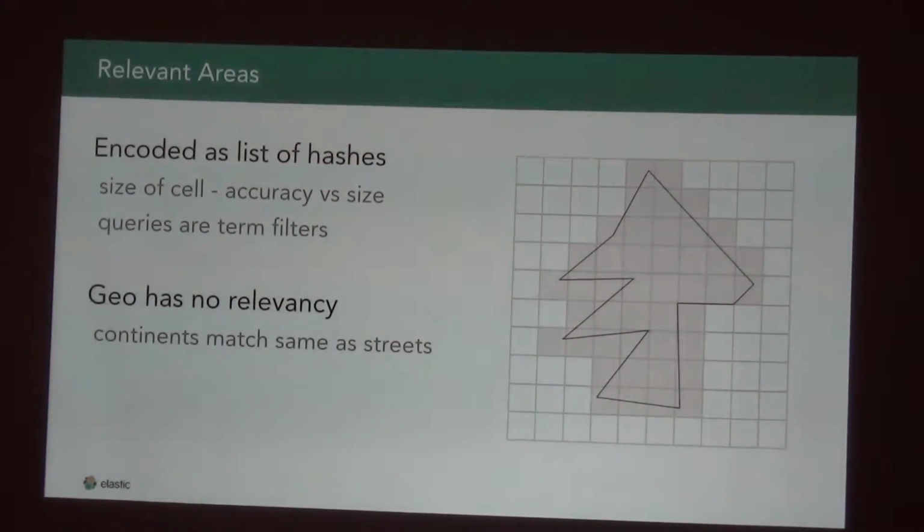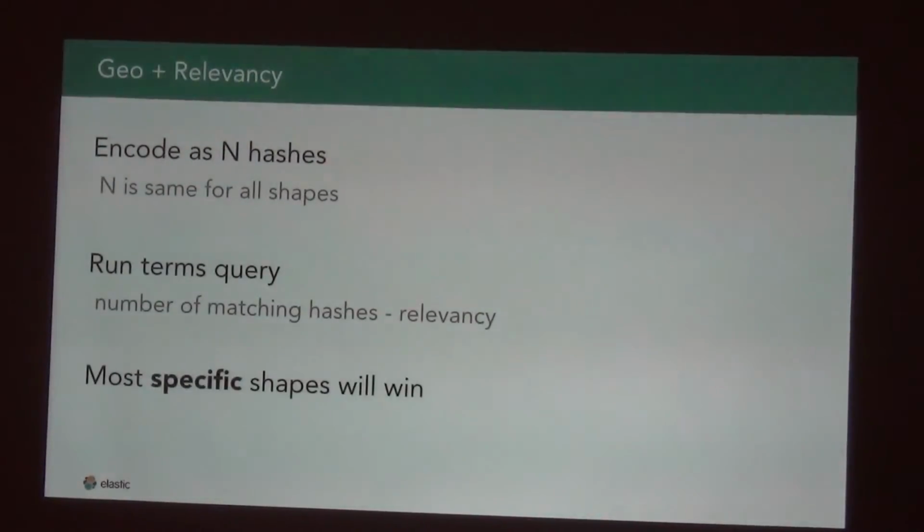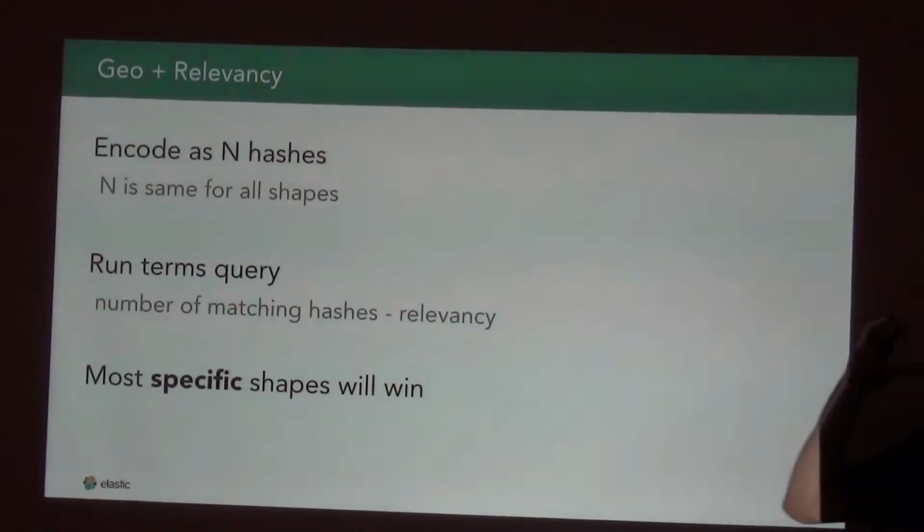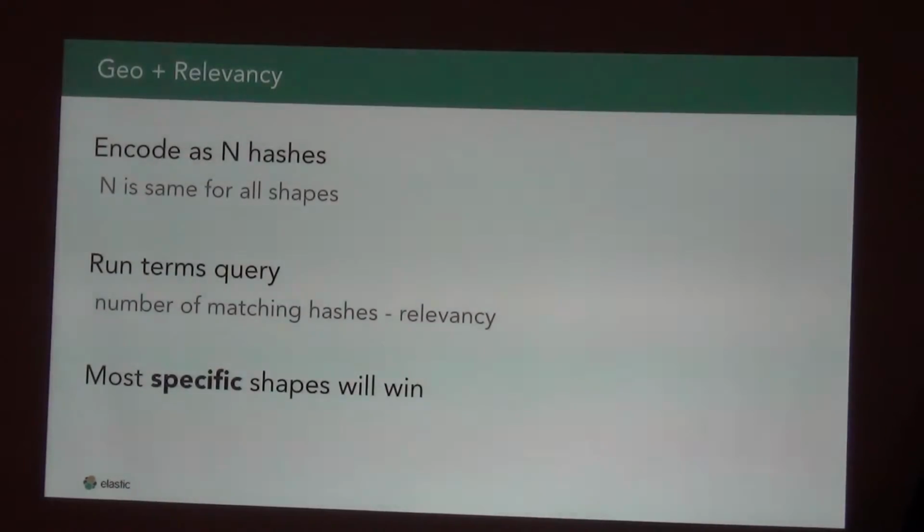So there is no relevance difference between a continent and a city street. And that's not good. We can see a pattern already. We need to somehow make it special.